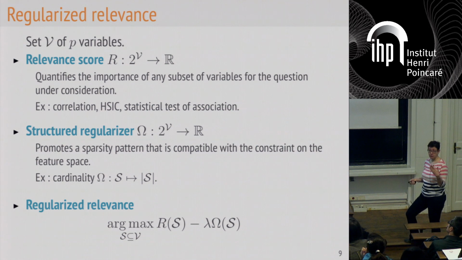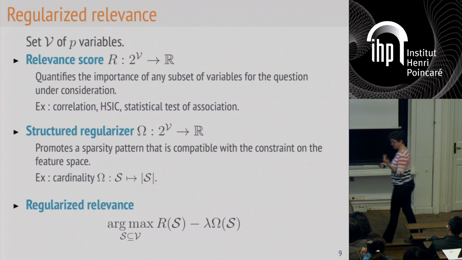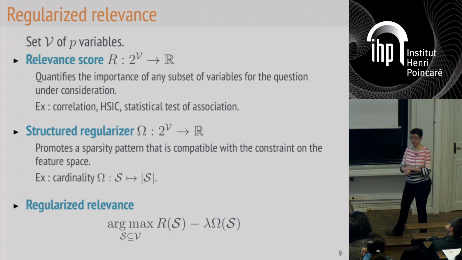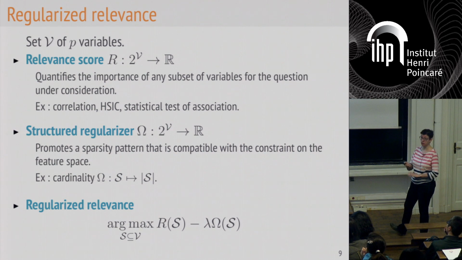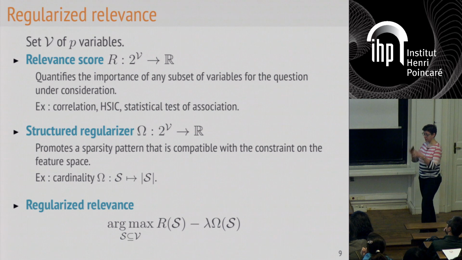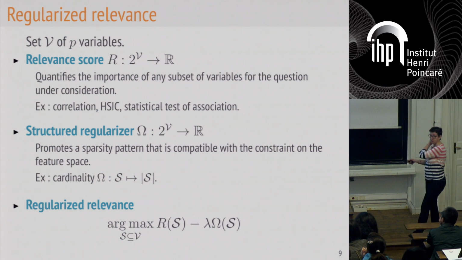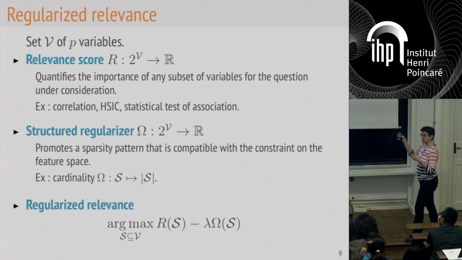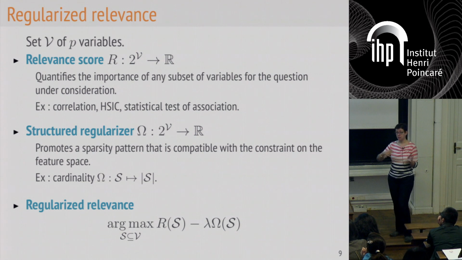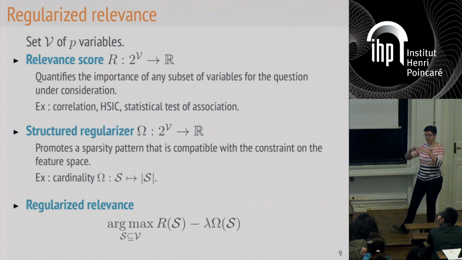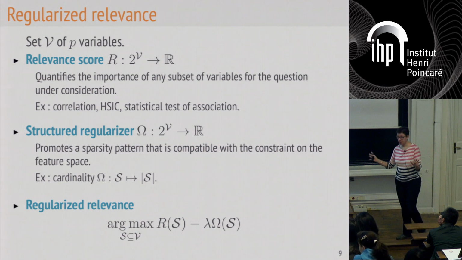I can build this from statistical tests if they're additive, meaning if you can build a test in such a way that the test statistic for the association of a group of variables is the sum of the test statistics for the individual variables in that group, which is fairly common. Here I have a caveat, which is that it's not because your test statistic is additive that the p-values are additive. So you may get a bigger test statistic, but not have a smaller p-value. But we work with what we can.